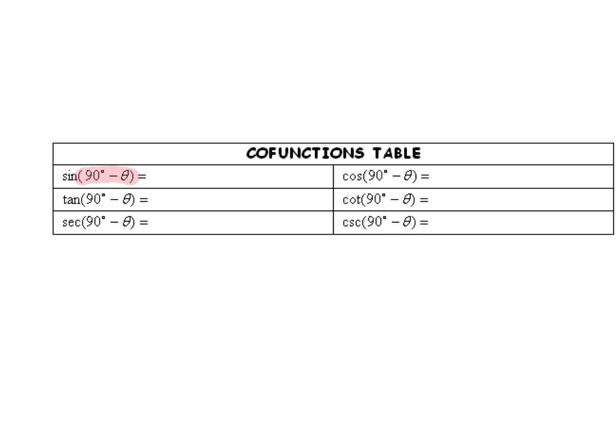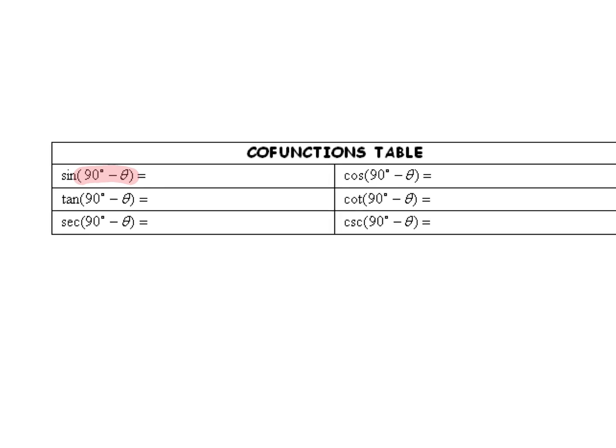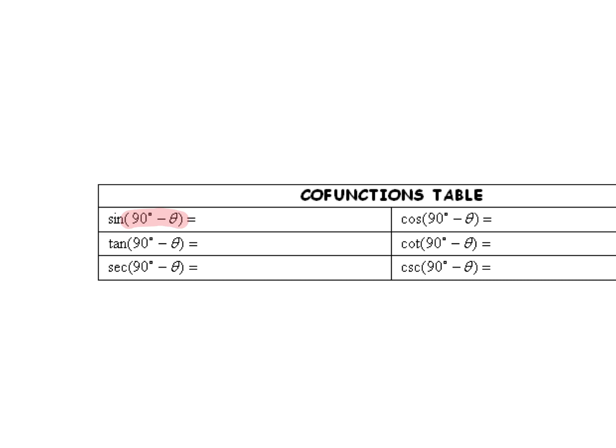I think the thing that throws kids is that whole 90 minus theta thing, but I just wanted to address that super quick with you, make that a little easier to look at. So what does this 90 minus theta mean? And you can add this into your notes too. So 90 minus theta in plain old English, what that means is the complement of an angle.